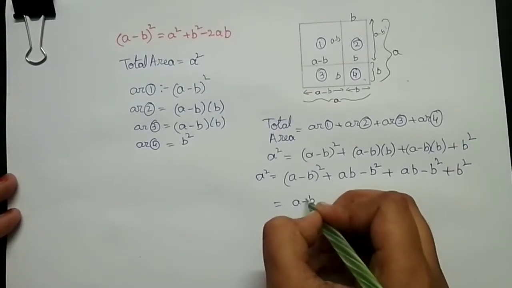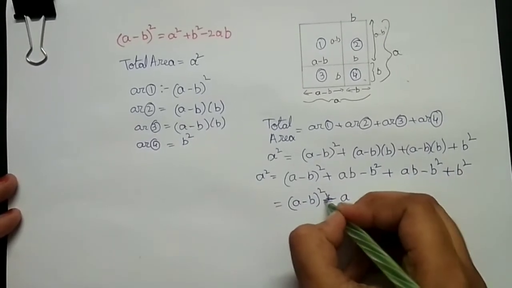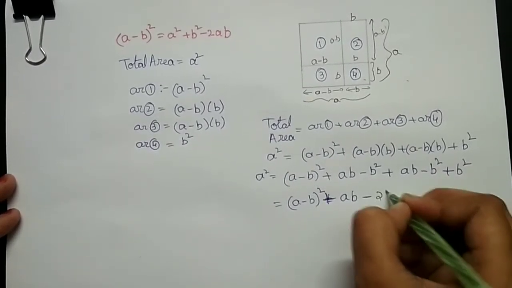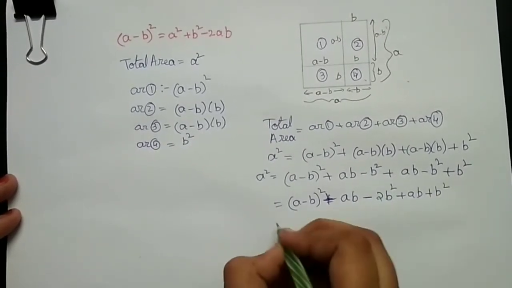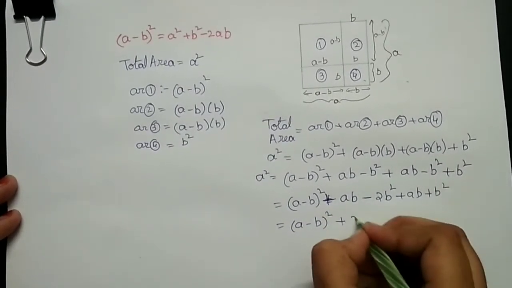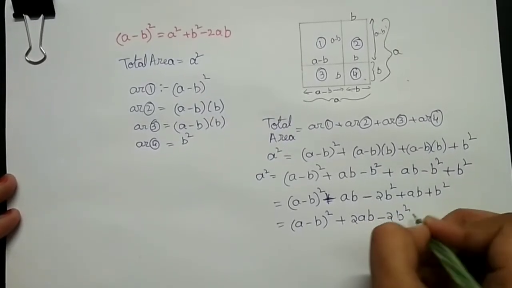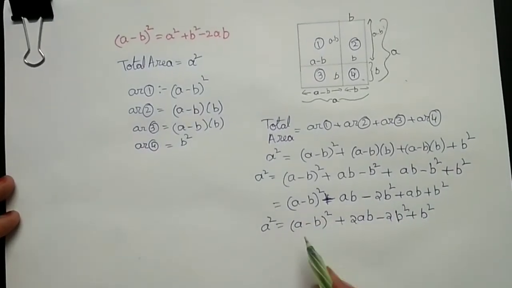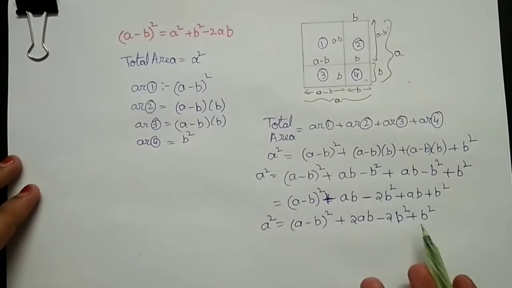Further solving, rearranging this, I get (A minus B) whole square plus 2AB minus 2B square plus B square. So A square equals (A minus B) whole square plus 2AB minus 2B square plus B square.